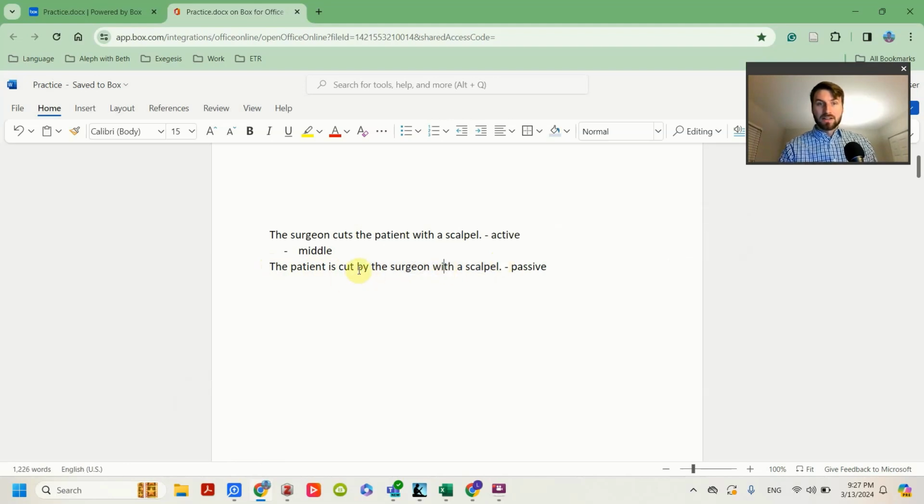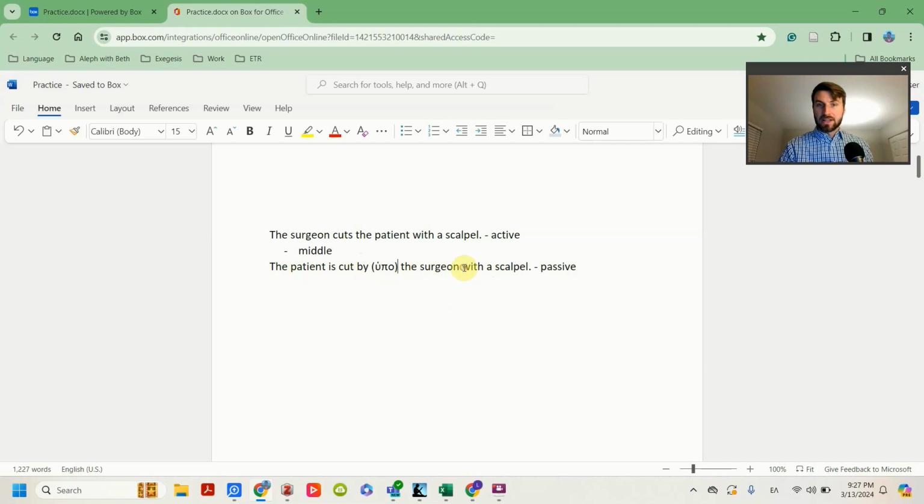Okay? So in Greek, here, this is the personal agent. They are the one that is doing the action. In Greek, this word here will be hupo. The patient is cut hupo the surgeon.